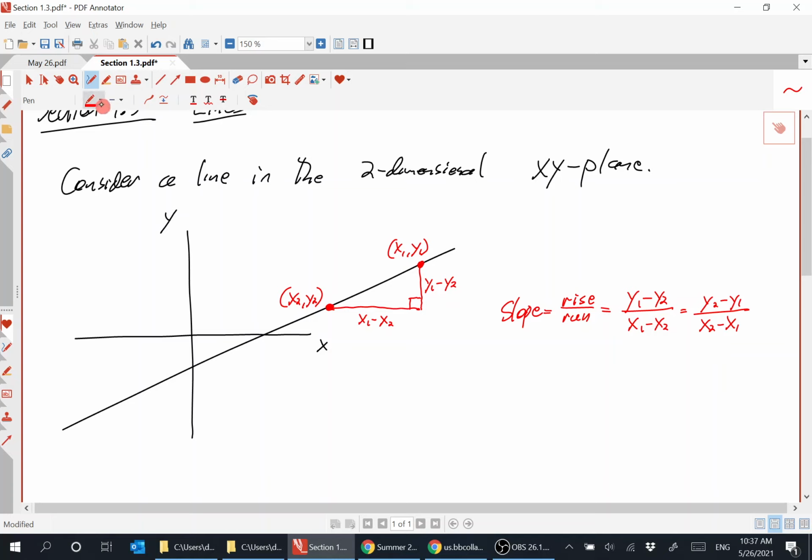Okay, the slope of the line is given by any 2 points on the line.